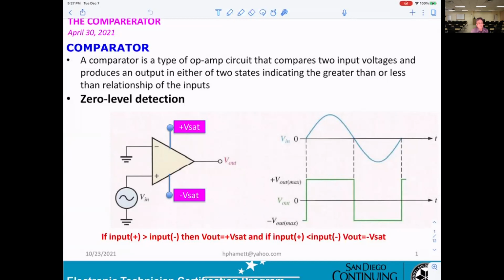You can see the comparator circuitry doesn't have any feedback resistor. And you can see they say zero level detection. That means they compare one input to the ground, like we already showed you here.